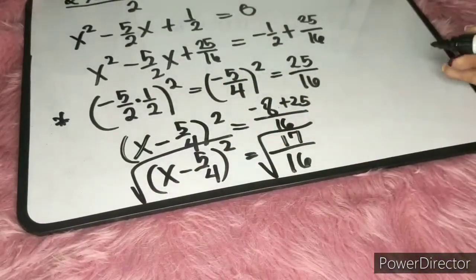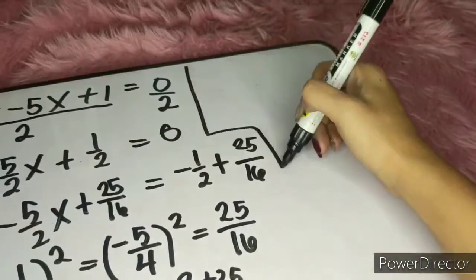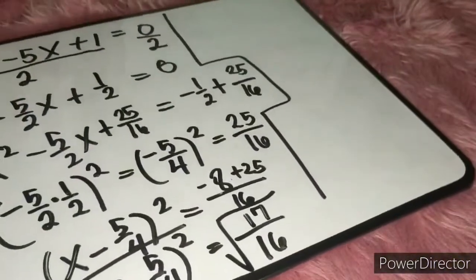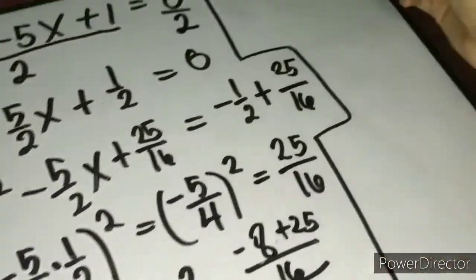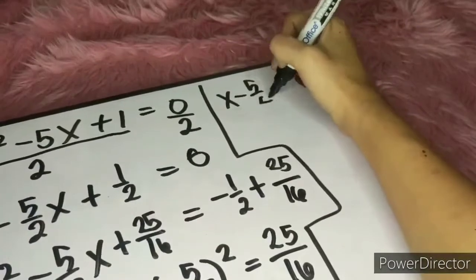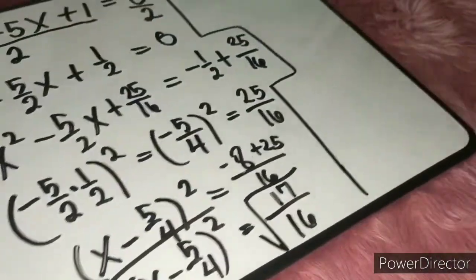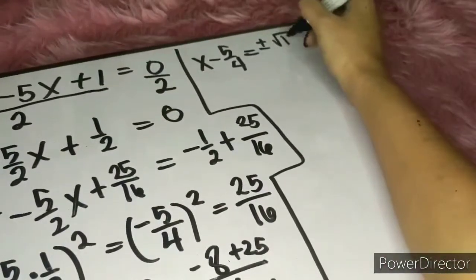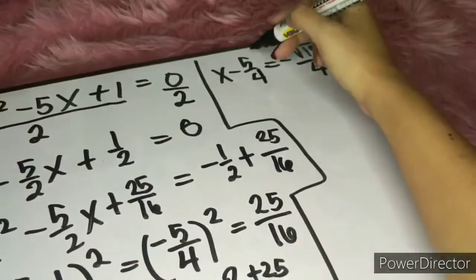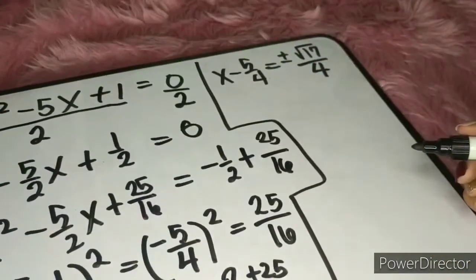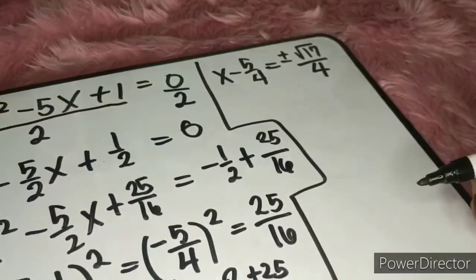Let me just write on this side because I only have a small whiteboard. So it will be x minus 5 fourths equals, the square root of, there's no square root for 17, so still positive or negative square root of 17 over the square root of 16, which is 4. And then we will be transposing this to the other side, or again, if you will be applying the APE, we will be adding positive 5 fourths to both sides.